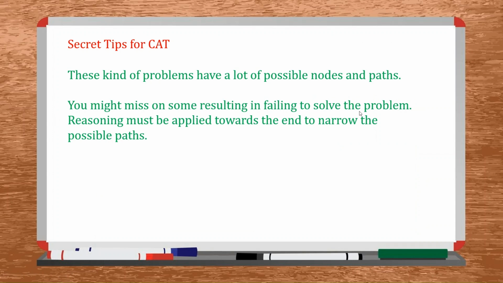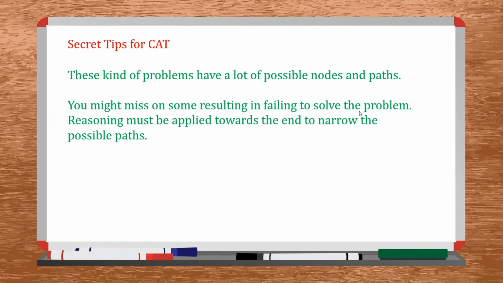Also, always try to apply the reasoning towards the end of the problem. First, always put down whatever the given things are, and only then try to apply the reasoning. Then only you'll be able to narrow down on the possible paths that you have.